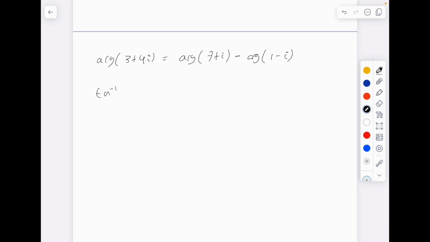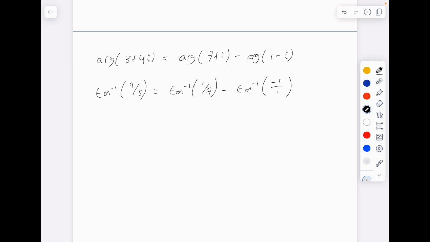The arctan of 4 over 3 is equal to arctan of 1 over 7 minus arctan of negative 1 over 1.